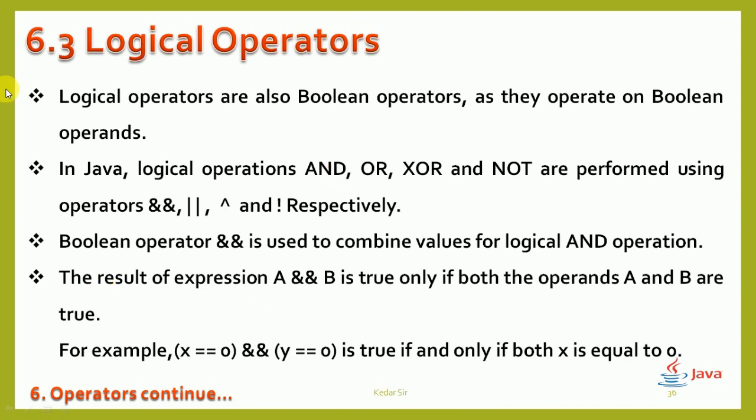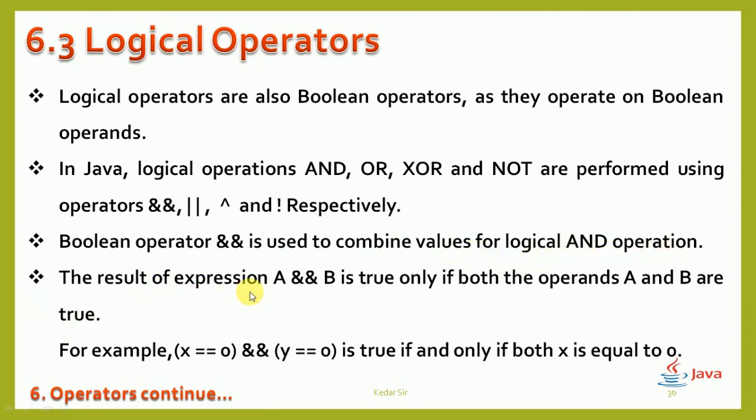Okay, after that, the next one is the logical operators. These operators are also called Boolean operators as they operate on Boolean operands. In Java, for logical operations, the double and sign is used, the double pipe symbol is used for OR, the caret symbol for XOR, and the exclamation sign for NOT. The Boolean operator double and is used to combine values for logical AND.